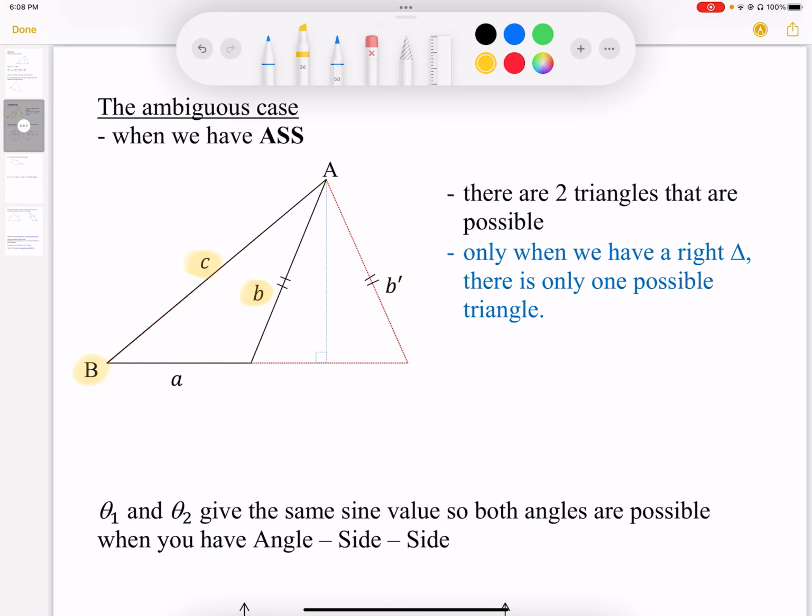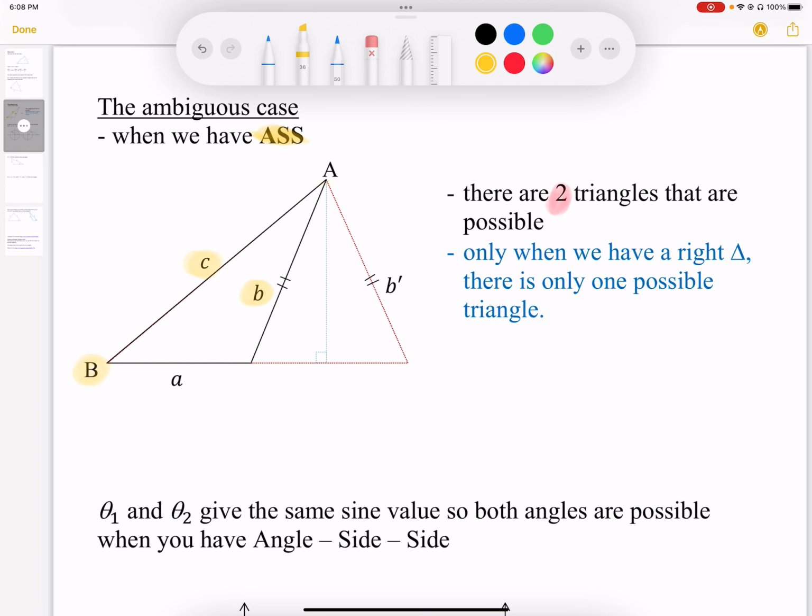Again, this one triangle here, or we could also have this bigger triangle here forming. So we have two possible triangles when we have angle-side. This is what we call the ambiguous case. So angle-side is our ambiguous case.